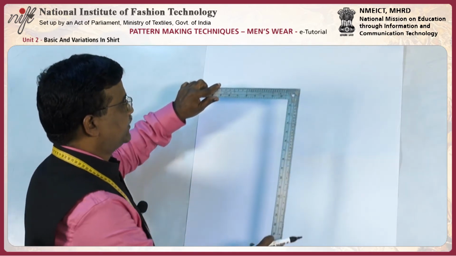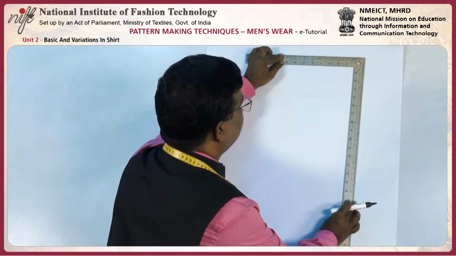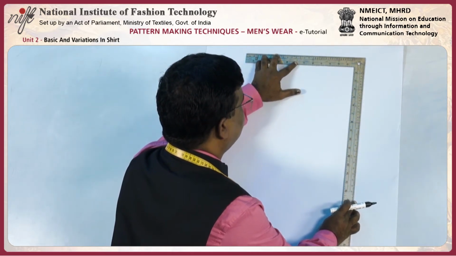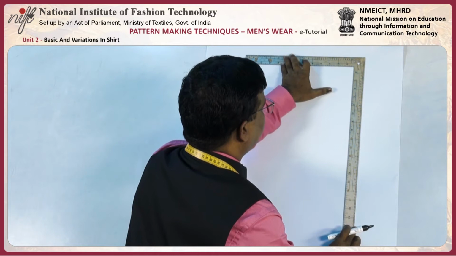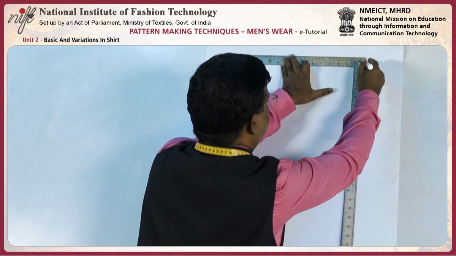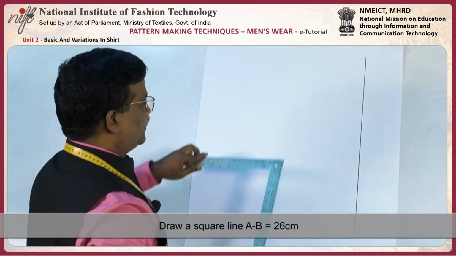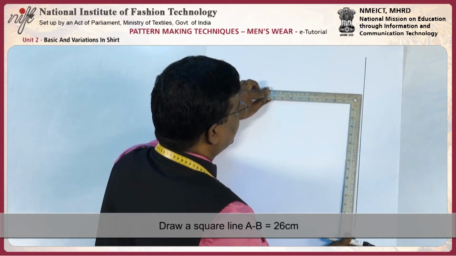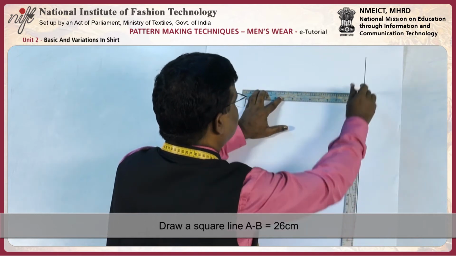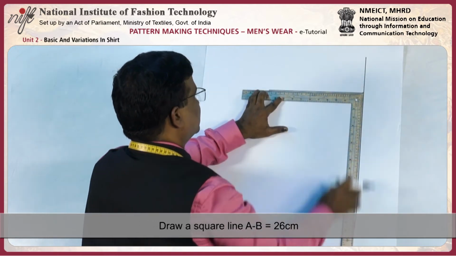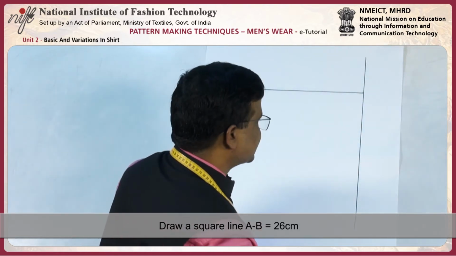Let us construct the cuff. Draw a square line. A to B, 26 centimeter.